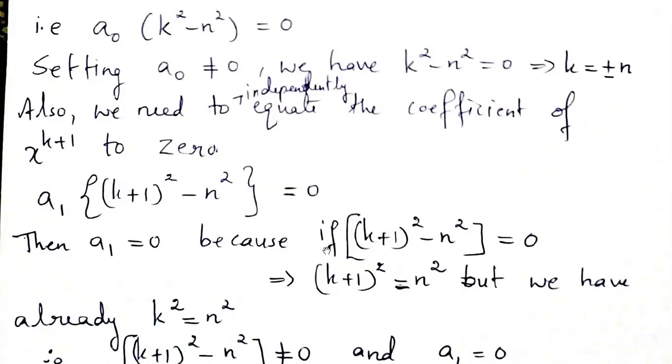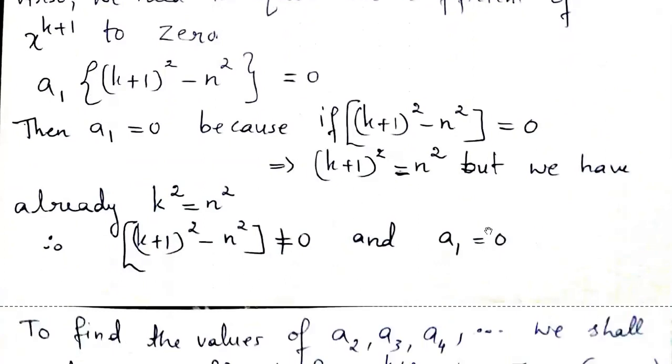So if you make this assumption here, it will contradict the previous assumption. So here the value of (k plus 1) whole square minus n square cannot be equal to 0. Therefore, that will imply that the value of a1 has to be equal to 0.